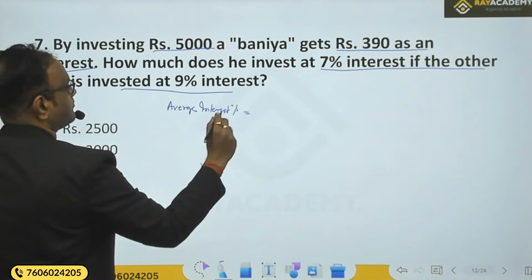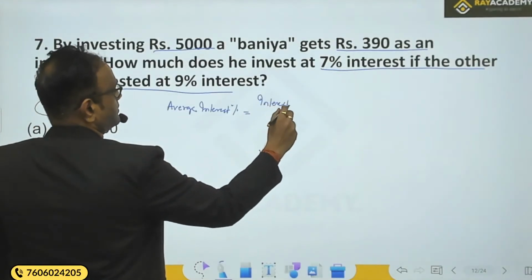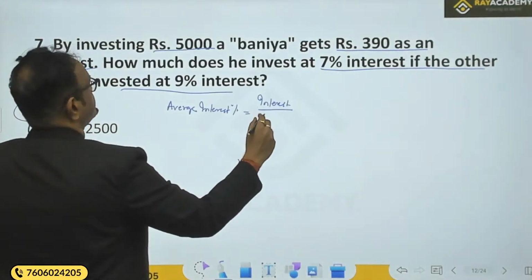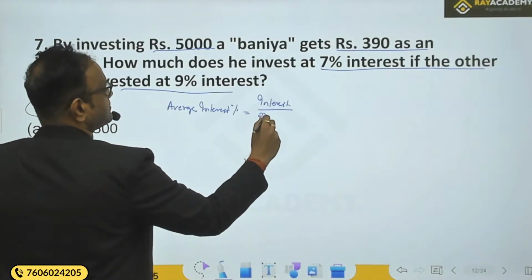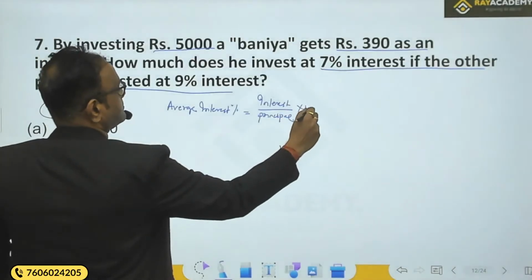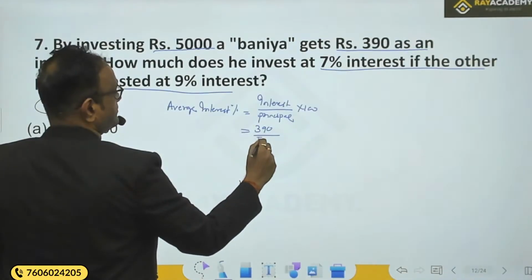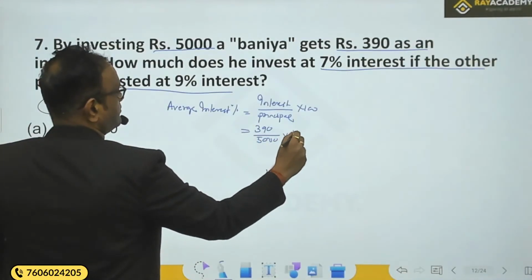percentage, I will write interest divided by the sum principal, you can say, into 100. Interest was 390, divided by 5000 into 100.